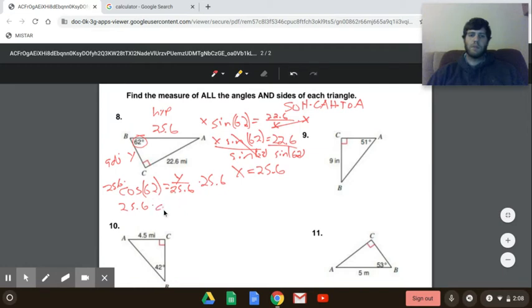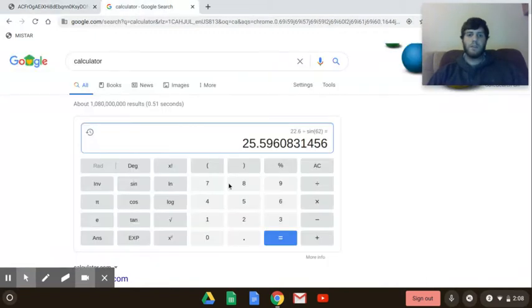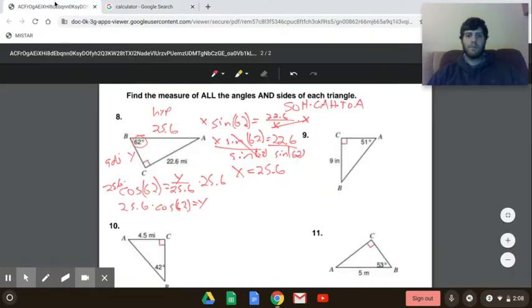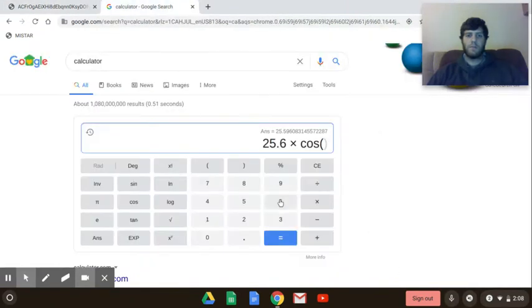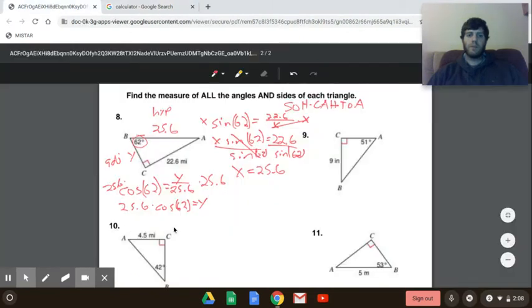Times cosine 62 equals y. Okay, and then we can put that in our calculator. So 25.6 times cosine 62, and that's going to be 12.0. So 12.0 equals y.